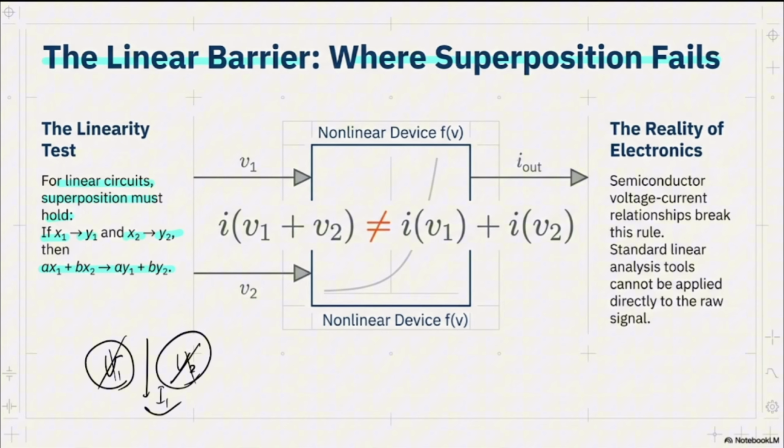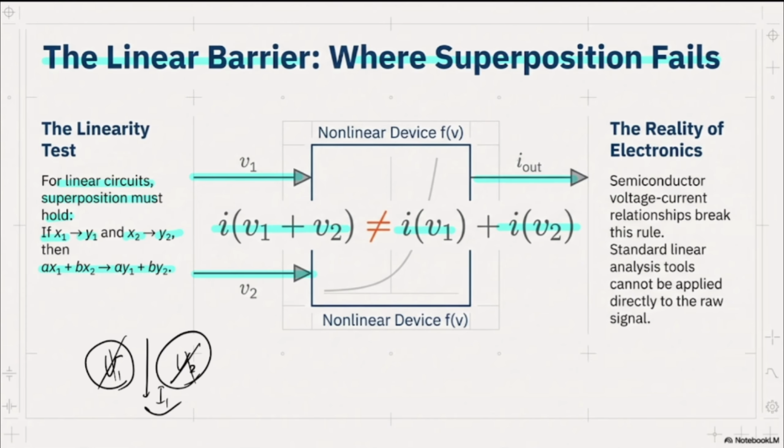It means that if I consider I out is the thing that I would like, if V1 is going to cause a current and V2 is going to cause another current, it doesn't necessarily mean that the output current I have because of V1 and V2 is going to be the same as I(V1) plus I(V2). By the way, I(V1) means the current because of V1, where I is a function and V1 is the input itself.